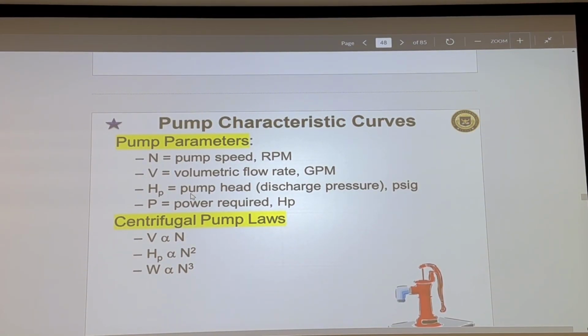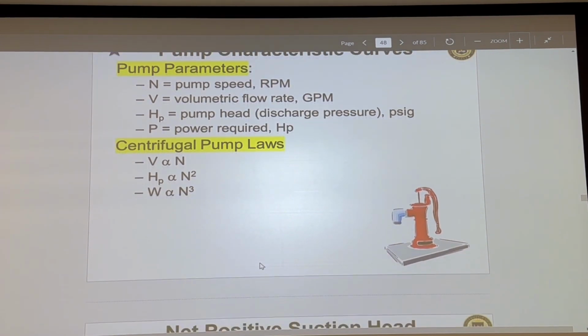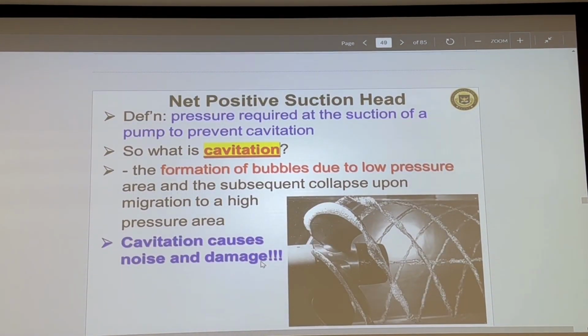The other one is head, the discharge pressure, whatever pressure you are measuring in psi or psig, is proportional to the speed squared. And the power required, that means to run the pump motor, is proportional to speed cubed. So these are the basic relationships. I want you to remember those.